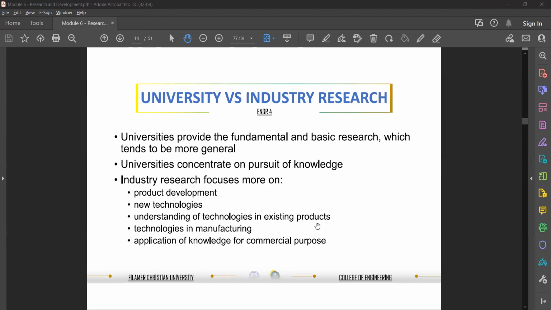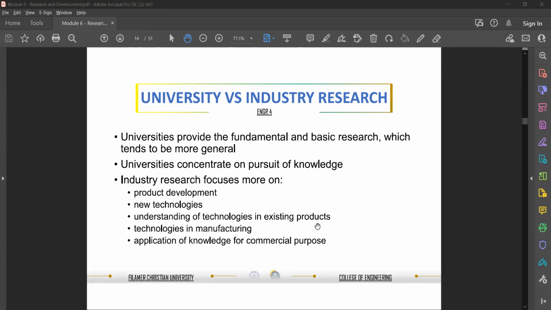So in terms of university, what is the difference from industry research? In universities, they just provide the fundamental and basic research. Mainly just notes or research materials, which tend to be more general. Universities concentrate on the pursuit of knowledge. And industry research focuses more on product development.